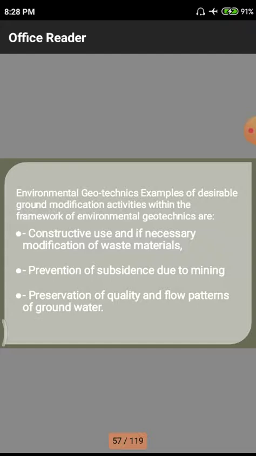And next we use them for partition walls and others. All those come under the reuse of waste materials coming from the demolition of the particular building.